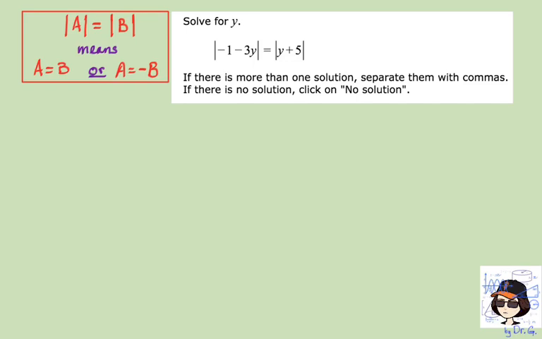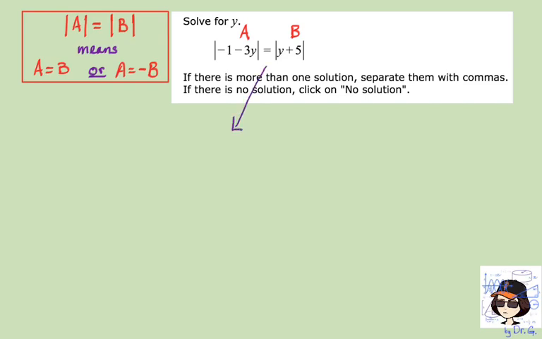If we want to take away the absolute value symbols, we've got to write down two equations. The thing inside of each of the absolute values have to be the same number or they have to be opposites of each other. So the thing inside on the left is negative 1 minus 3y, that's our A. And the thing inside on the right is y plus 5, that will be our B.